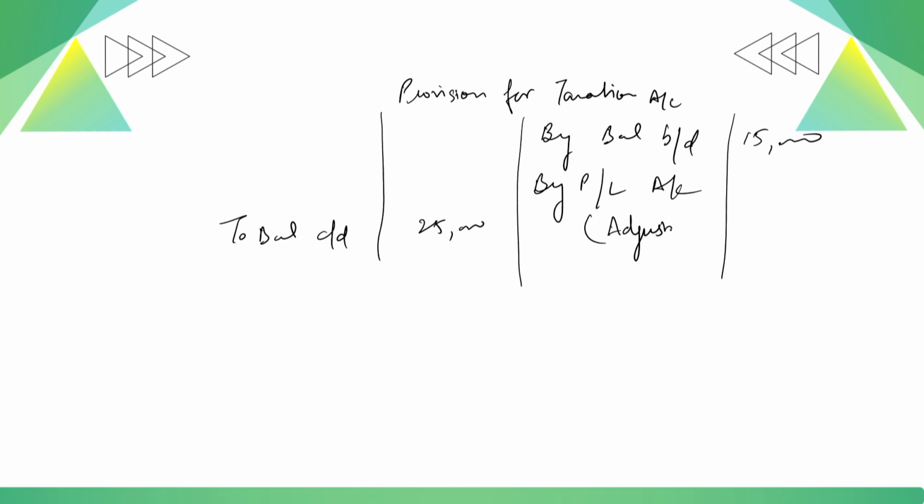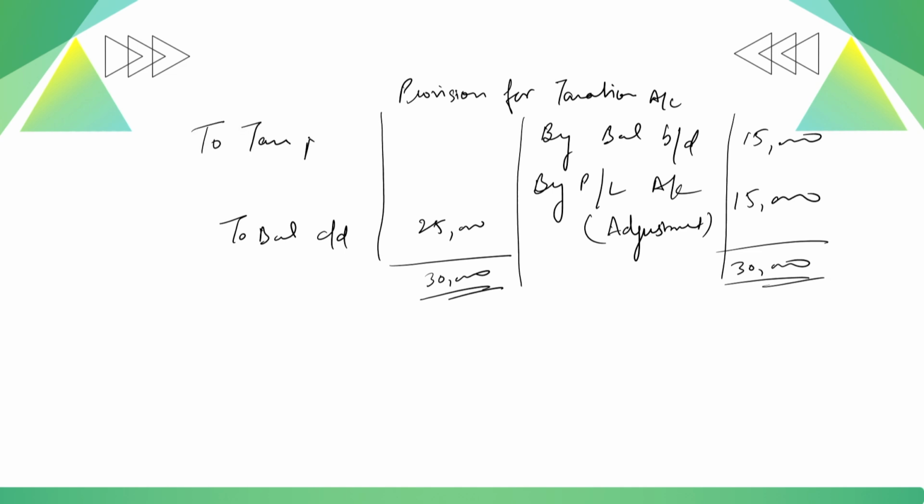Again, to make it clear, I am putting the word adjustment or additional information, 15,000 rupees. So the total of the credit side is 30,000, and on the debit side we are left with a figure of 5,000, which means tax paid during the year. This is our balancing figure of rupees 5,000.